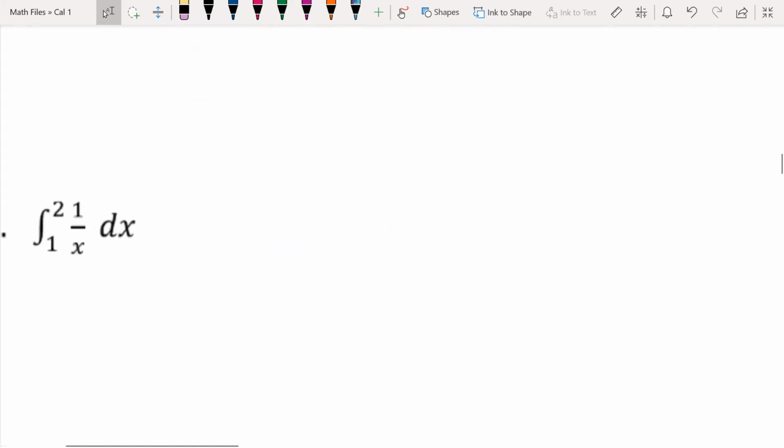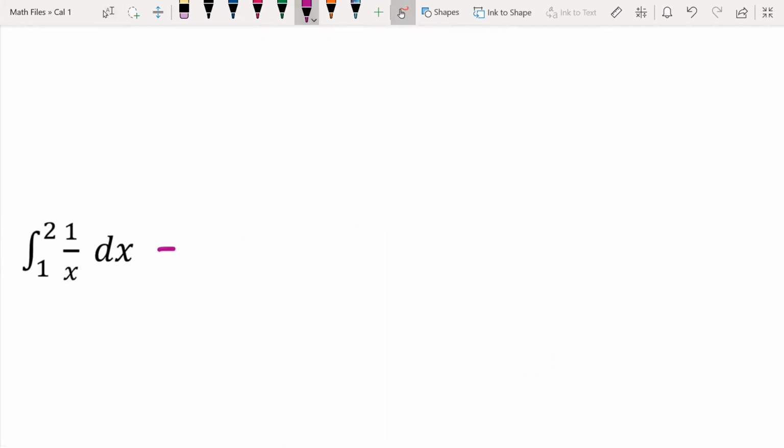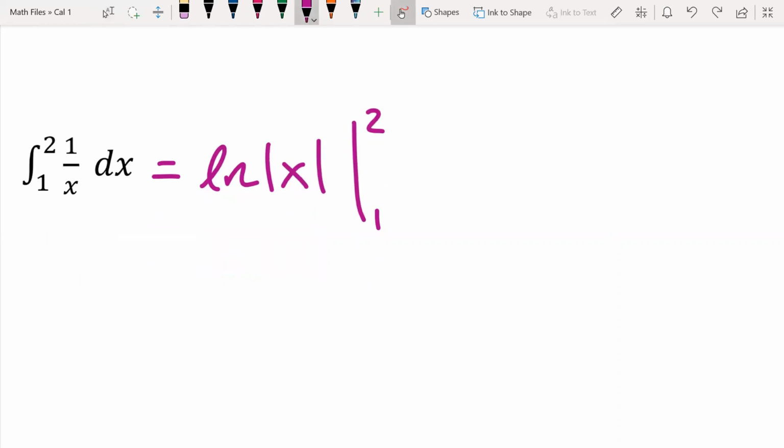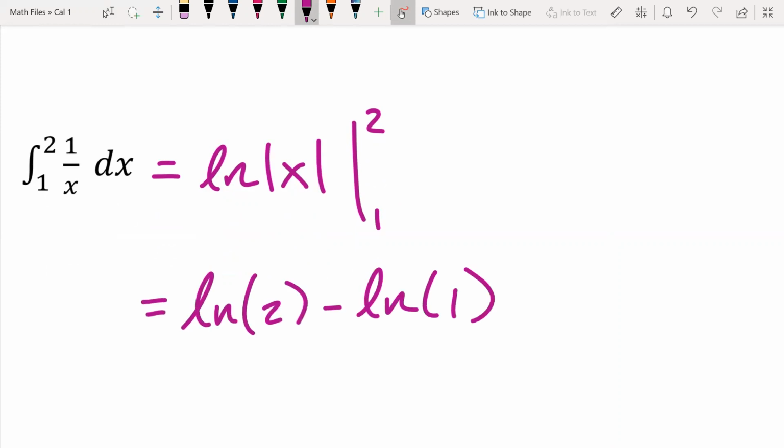Five. The integral from 1 to 2 of 1 over x dx. Well, we know that the antiderivative of 1 over x is going to be the natural log of the absolute value of x from 1 to 2. Now we see that these numbers are positive, so this means we can actually drop the absolute value. So just evaluate and you'll get natural log of 2 minus the natural log of 1.